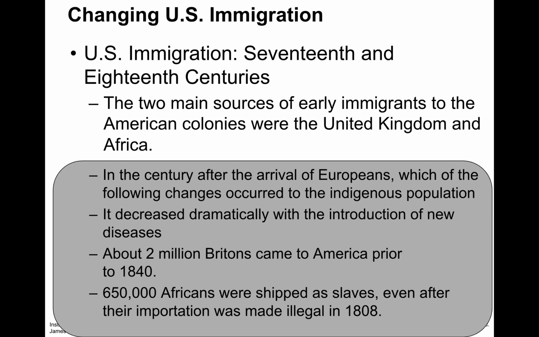About 2 million Britons accounted for 90% of the population by 1840. 650,000 Africans were shipped as slaves, and even after the importation was made illegal in 1808, another 250,000 Africans were brought to the United States. And these were forced migratory patterns. Most of it was because of the lack of indentured servants being successful in colonial America.